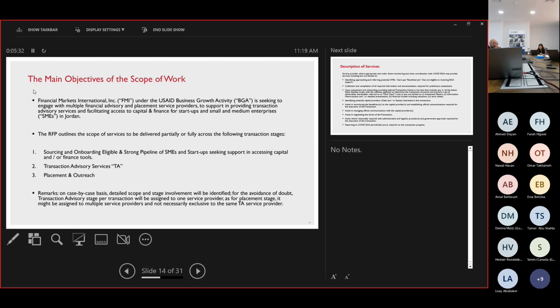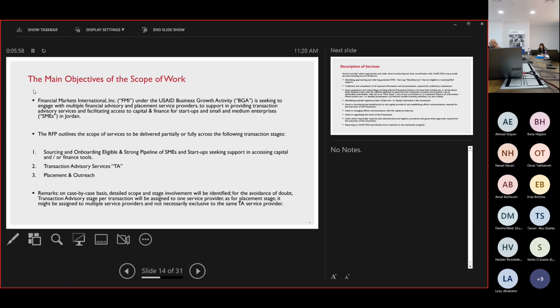The project has different verticals to support SMEs and startups in the Jordanian market. The specific vertical we are focusing on today and in this RFP is access to capital, debt or equity, for Jordanian startups and SMEs.